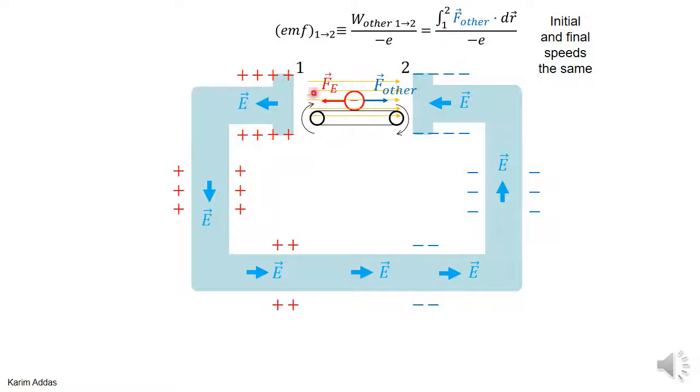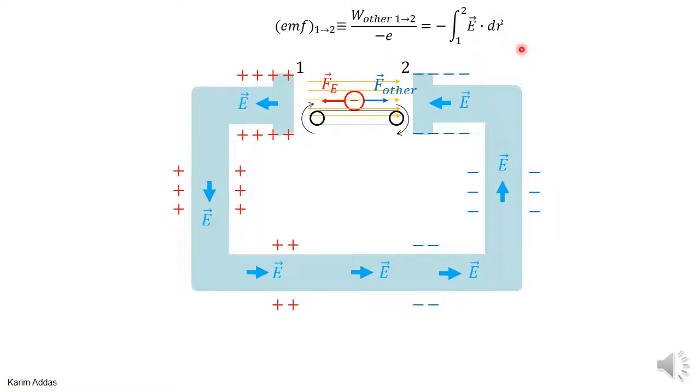Now, assuming that the initial and final speeds are the same, the work due to the other force can be written as the negative of the work due to the electric field. So I can rewrite the EMF this way, and the force on any charge is just the charge times the electric field. So I can replace the force with the charge, minus e, times the electric field. The minus e will cancel with the minus e.